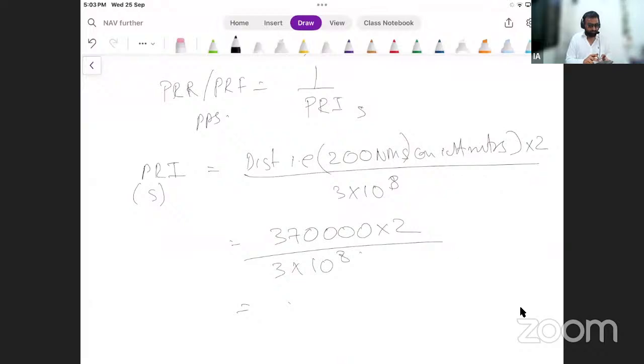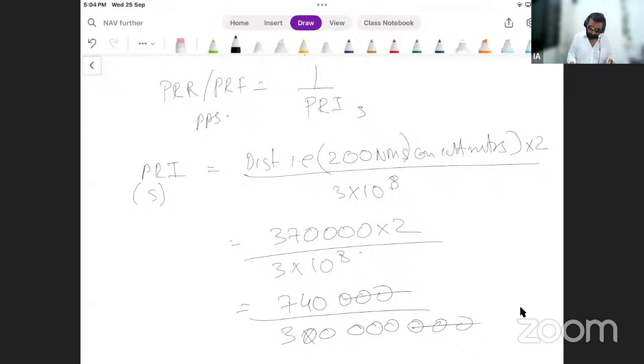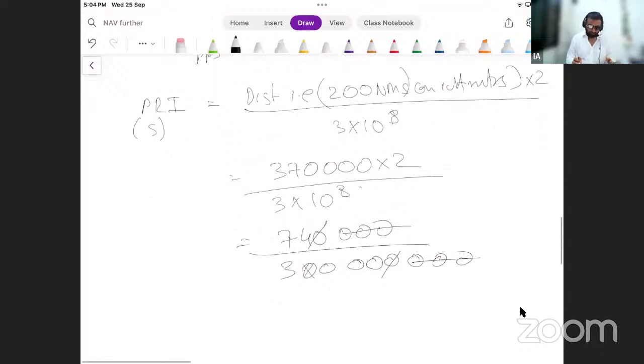So I'll just double it. 370,000 into 2 is equal to 740,000 upon 3 into 10 raised to 8, or I can simply say 740000 divided by 300,000,000 is equal to 2.46 into 10 raised to minus 3.